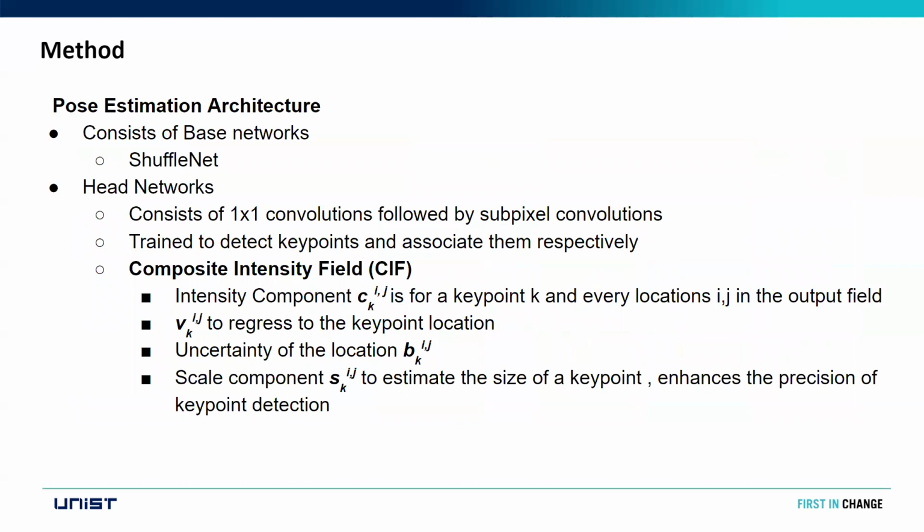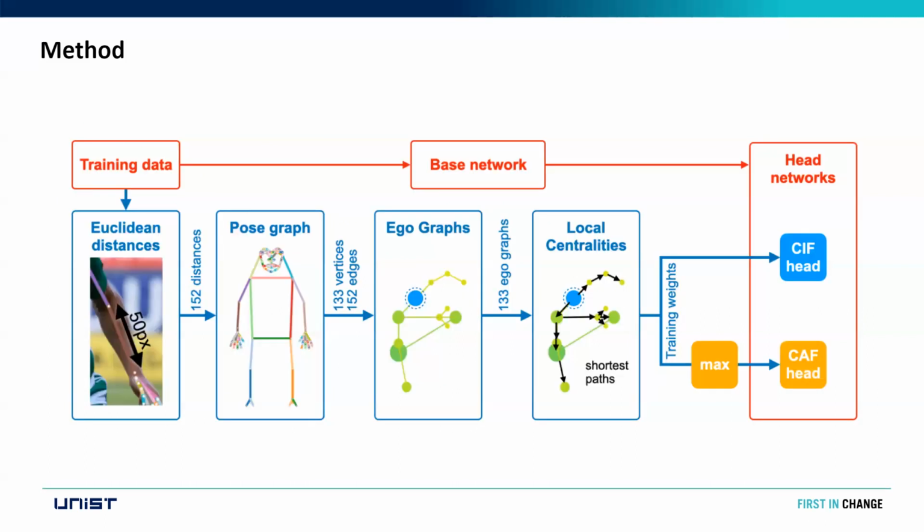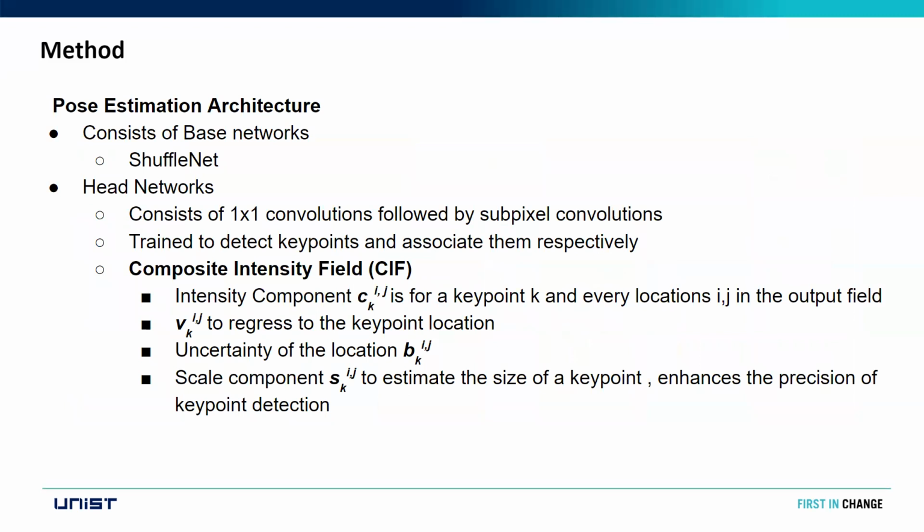So their base network is ShuffleNet, and then they have head networks which consist of one convolutions followed by subpixel convolutions. And then their head networks are trained separately, and they use ShuffleNet pre-trained on the COCO dataset for human pose estimation.